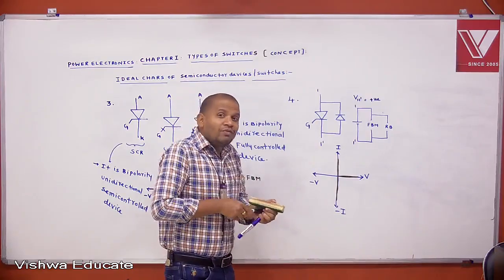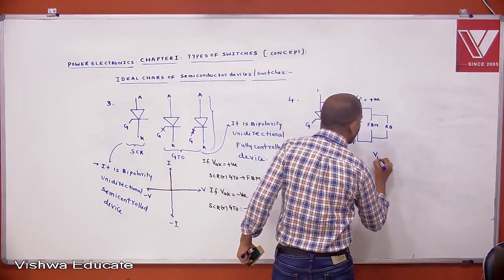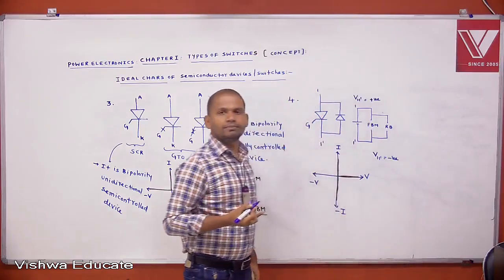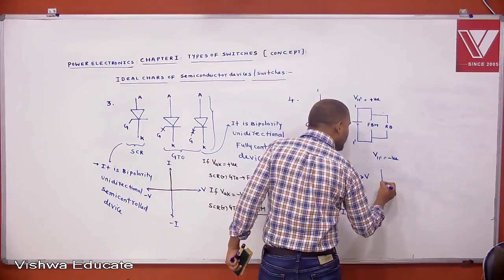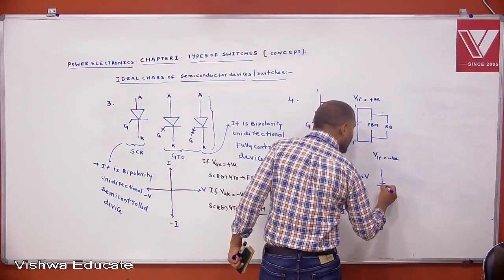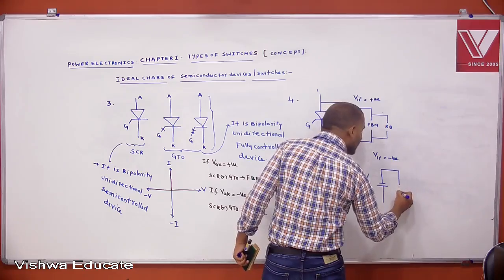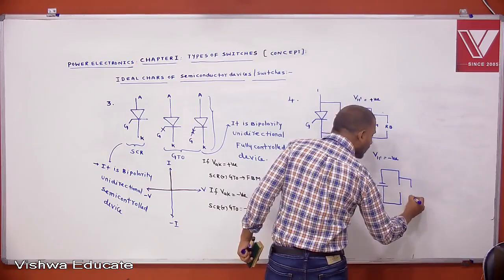If V11 dash is negative, now what happens? Terminal 1 is connected to the negative plate, and 1 dash is connected to the positive plate. Then the thyristor is under reverse blocking mode, but the diode is under forward bias condition.